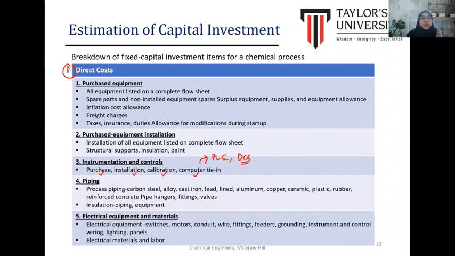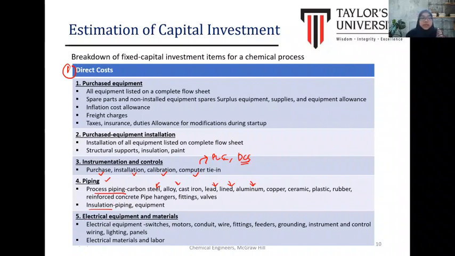And then we also should consider the cost for the piping. Under the piping is the process piping: the type of piping that leads to the cost of the process piping, and then the insulation of the piping itself, especially if the process operates at higher temperature and pressure, to avoid or minimize the heat loss to the surroundings of the system.